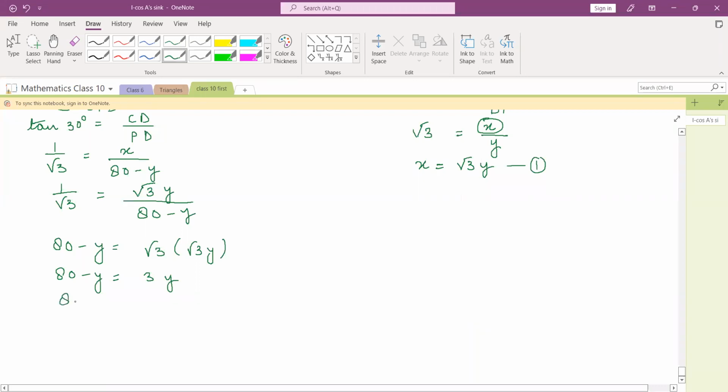So 80 is equal to 3y plus y, that is 4y. So 80 by 4 is equal to y. And from here, how much is y? 20 meters.